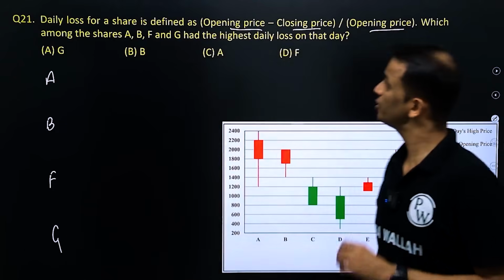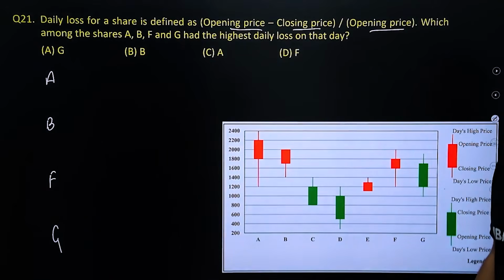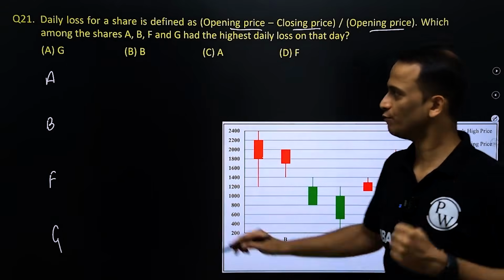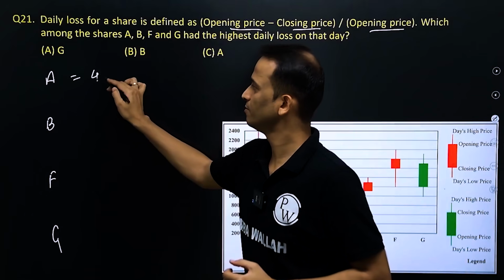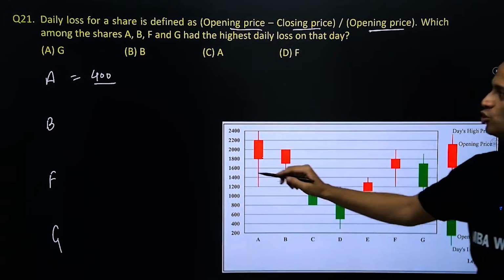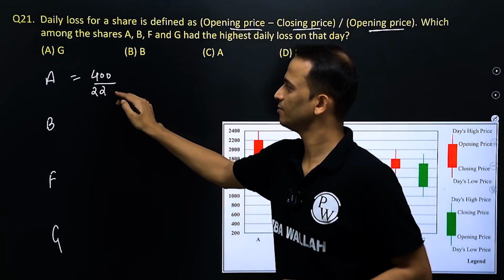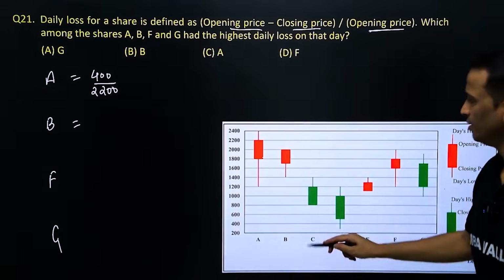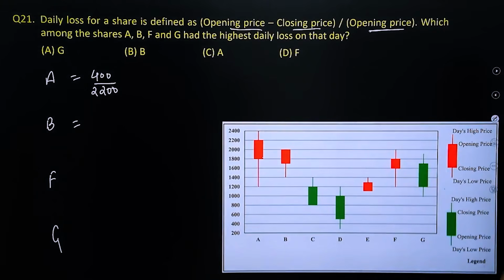So these 4 shares, opening minus closing upon opening. For A, opening is higher than closing. So 2200 minus 1800, that is 400, divided by opening price, that means 2200. Okay, simple fraction. For B, again a red color candle.